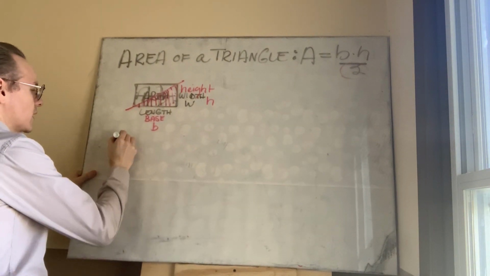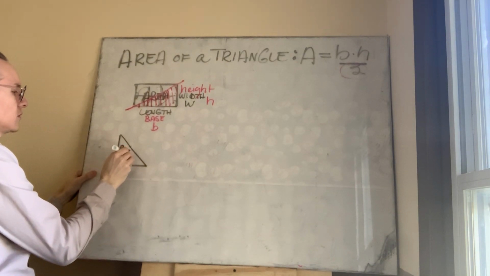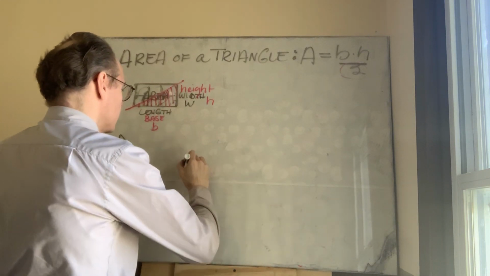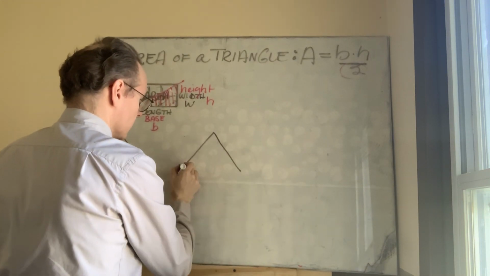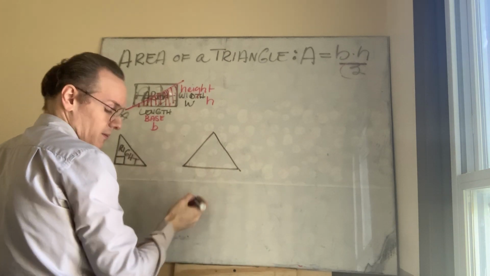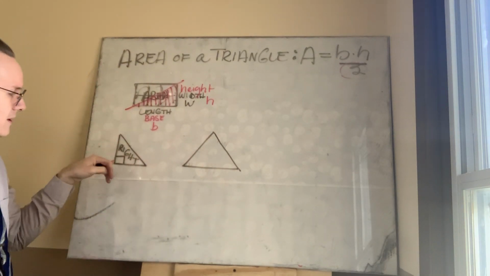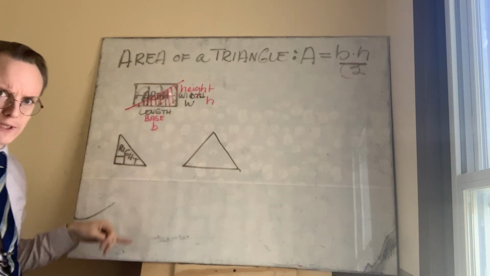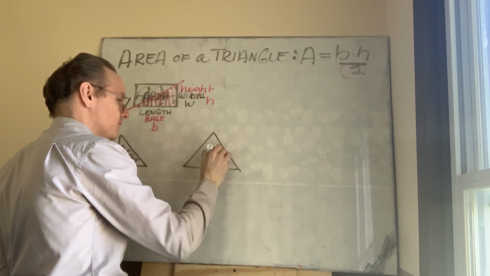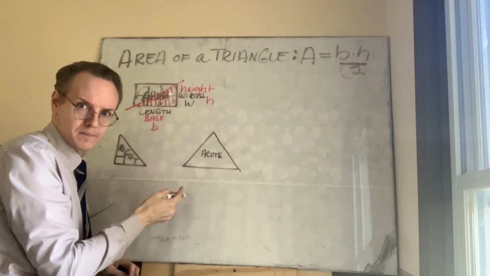There's right triangles, as we well know, because they have a right angle. And then there's the more generic looking triangle like this, which might be called acute if you're referring to it according to its angles. If I'm labeling triangles according to their angles, right would be the first type. Acute would be something like this, which just means that all the angles are less than 90.